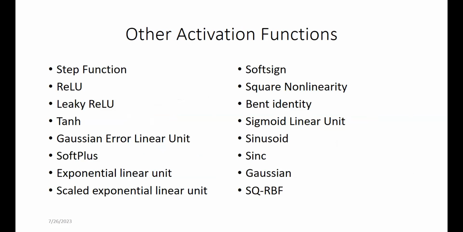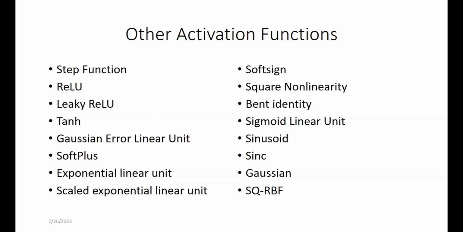Now I told you about certain types of activation functions. Based on the need and the specific problem, you can use different types of activation functions. The sigmoid function was one example which we took to understand that particular case study. But there are step function, ReLU, leaky ReLU, tan hyperbolic, Gaussian error linear unit, soft plus, exponential linear unit, scaled exponential linear unit, soft sine, square nonlinearity, bent identity, sigmoid linear unit, sinusoid, sinc, Gaussian, SQRBF.